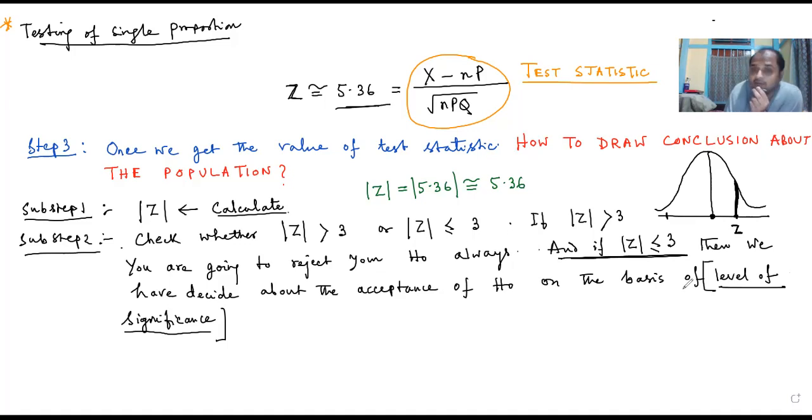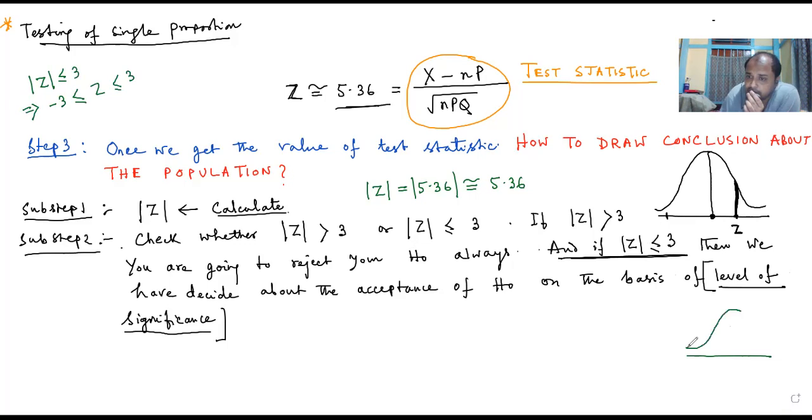Now, what does it actually mean? Diagrammatically, you can get a hint about this. For the time being, whenever I write mod Z is less than or equal to 3, technically it means that the Z value is lying between -3 and +3.